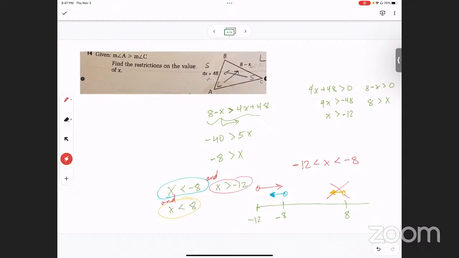Okay. But look at this one right here. If this is true, is it also the case that this is true necessarily? Like if my point is here at 0, does 0 work for all three of these things? 0 would work for the yellow one and the red one, but it wouldn't work for the blue one, right? -6 would work for the yellow one and the red one, but not for the blue one.